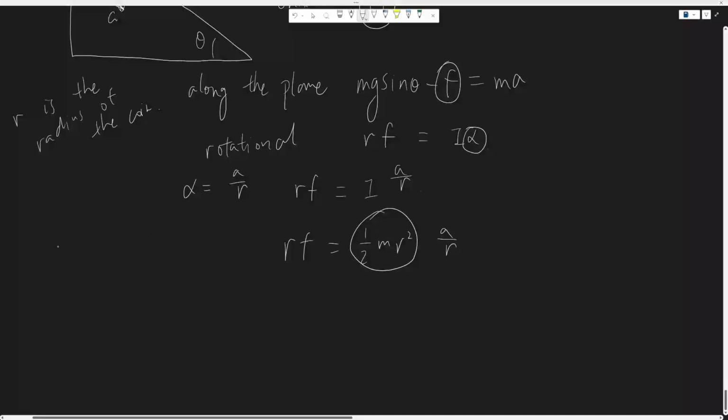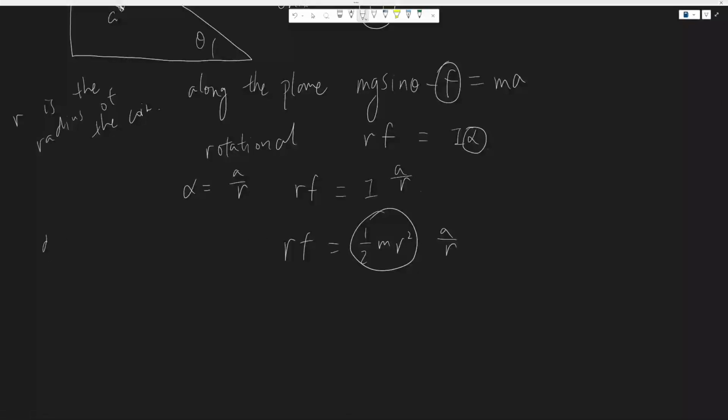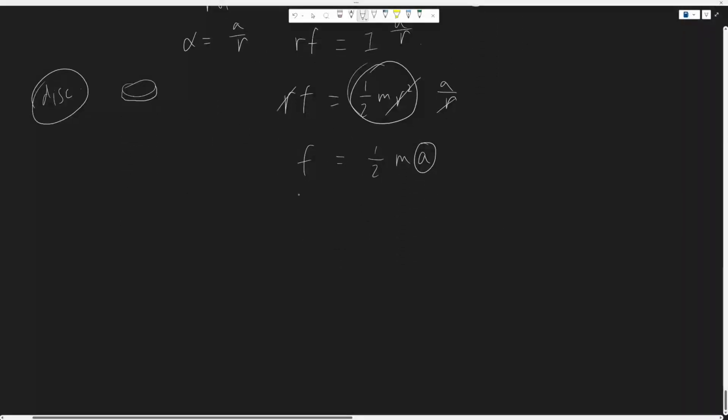This is the rotational inertia for a disk, and since a coin is sort of like a disk, we can use this moment of inertia. Cancelling out the r, f would need to be equal to half m times the translational acceleration in order for this coin to roll without slipping.